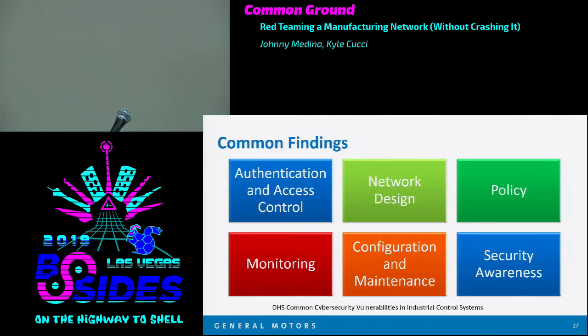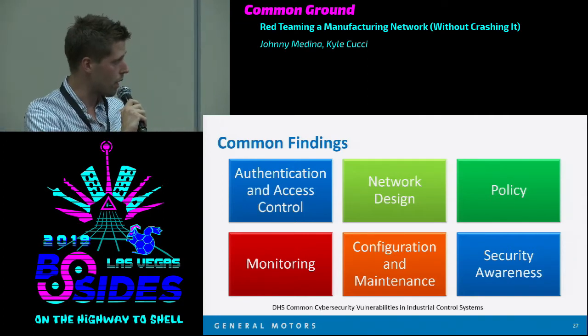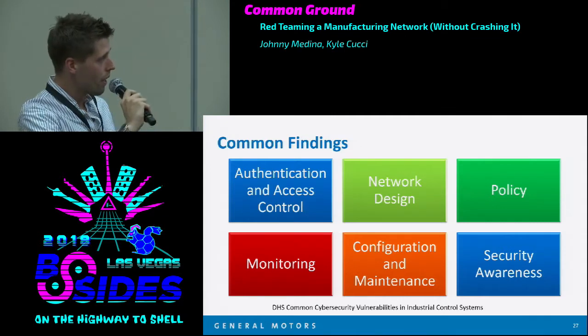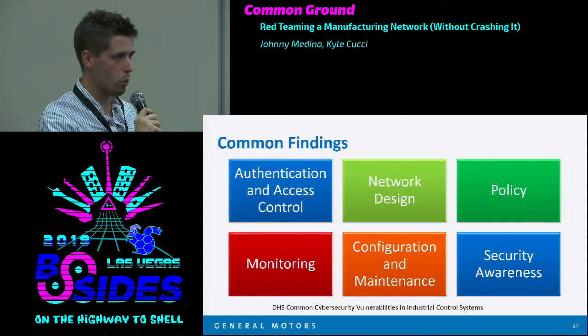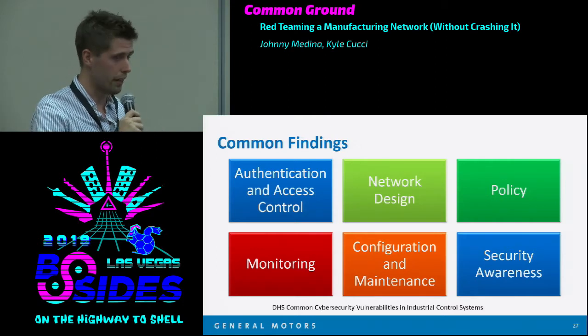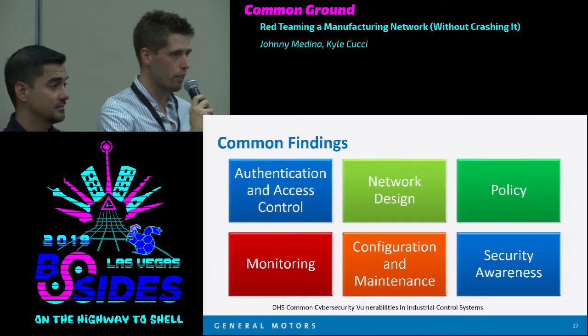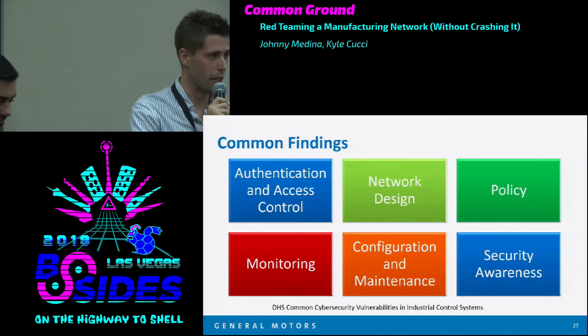So some of the common findings we have in manufacturing. We pulled this from the DHS common vulnerabilities in manufacturing, but this is also true to what we found from our various research. So the first one would be authentication and access control. There's just a lack of authentication for some of these older manufacturing protocols.